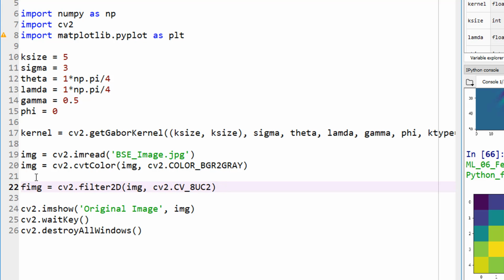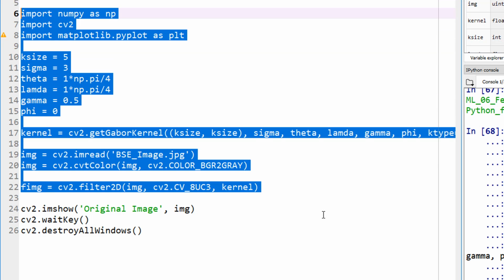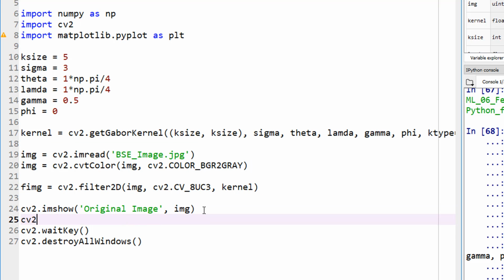And what do we want to apply? We want to apply this kernel to our image. So first of all, let me run this to make sure I haven't made any mistakes. If everything looks okay, now let's visualize.